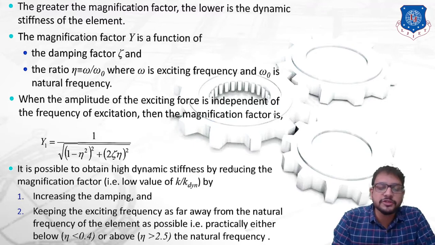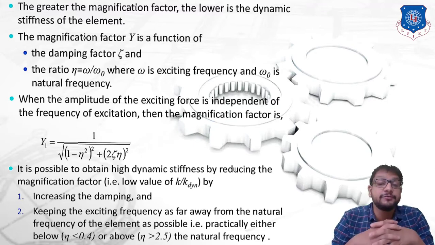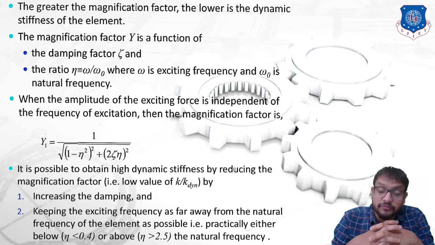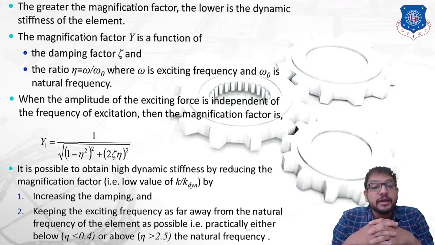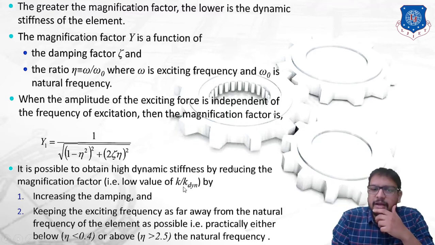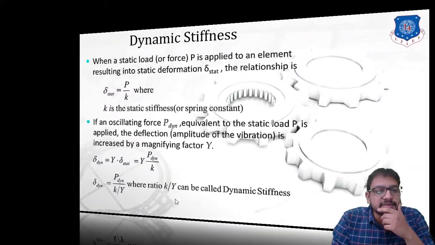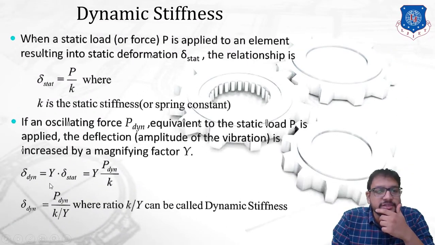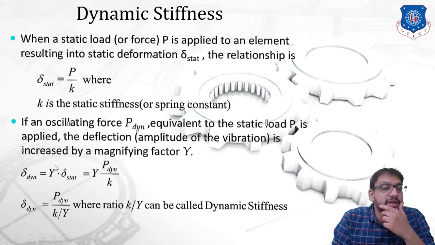Now it is possible to obtain high dynamic stiffness by reducing the magnification factor gamma, that is, a low value of K upon K dynamic, where K is the static stiffness and K dynamic is the dynamic stiffness. Now, how did this equation K upon K dynamic come about? If we see the equation of our magnification factor, gamma is equal to delta dynamic upon delta static, the dynamic displacement upon the static displacement.